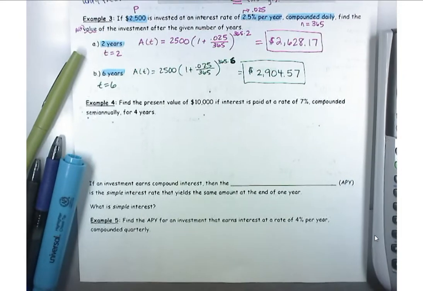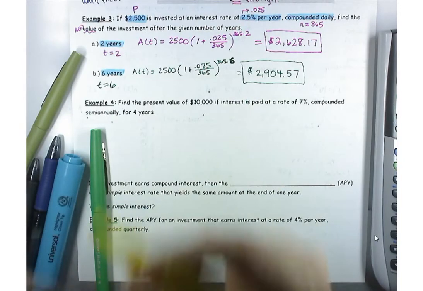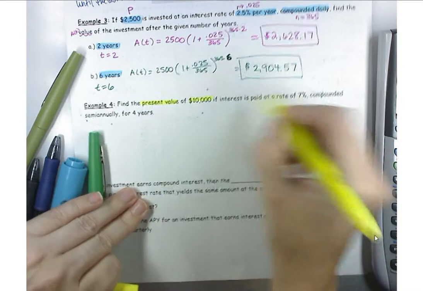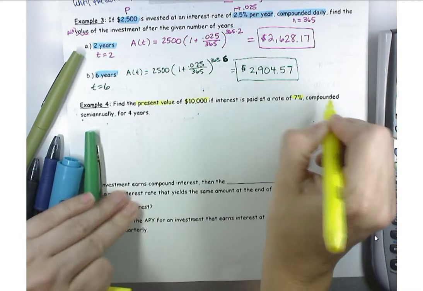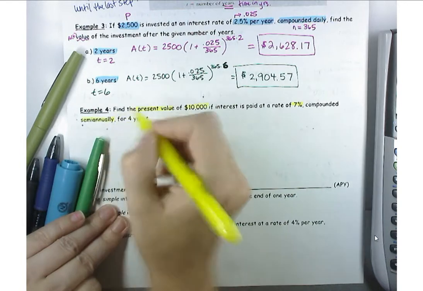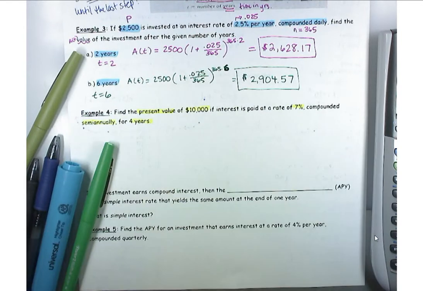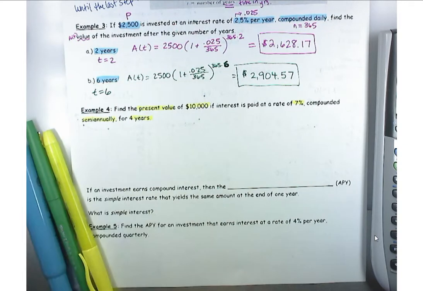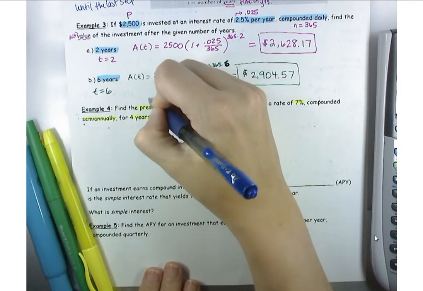Alright, and then example 4 is a little bit different. This says to find the present value of $10,000 if interest is paid at a rate of 7% compounded semi-annually for 4 years. So whenever you're trying to find the present value, what you're actually trying to find is P, okay, is the principal.